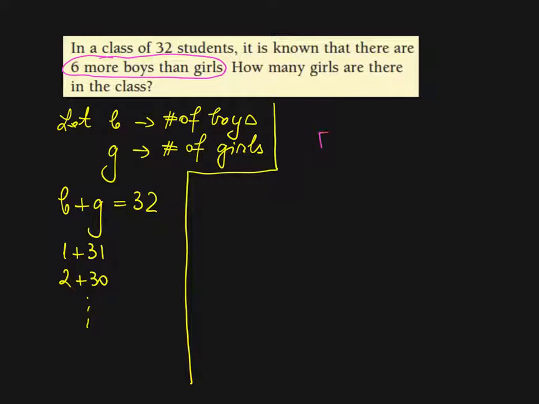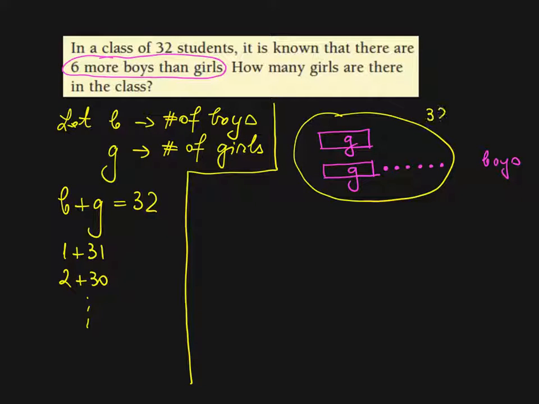So for example, if this is a group of girls, there'll be 6 more boys than girls. So boys are the same number as girls plus 6 more. And this one will be boys. Altogether, there are 32. Now see how it makes sense, because I can express everything in terms of the number of girls.